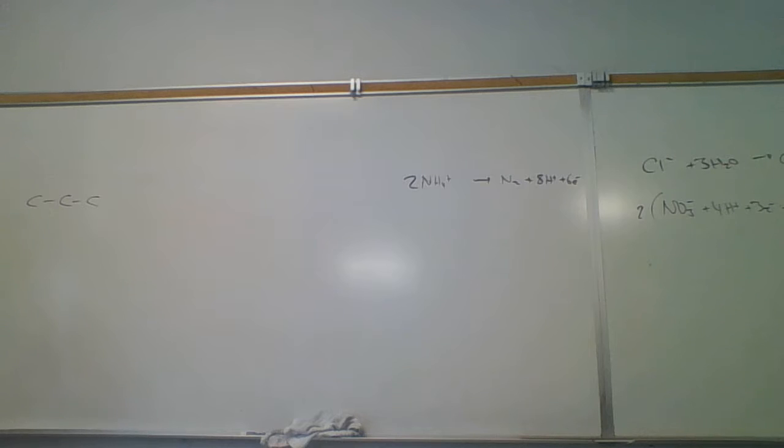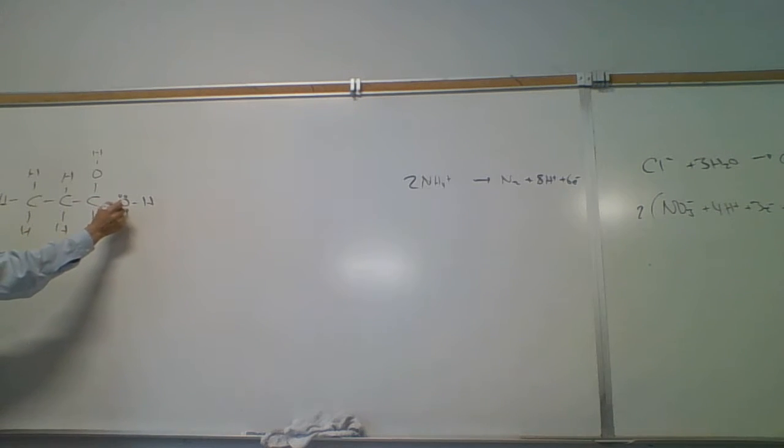We have an O2. Let's see, let's make the H's like this. Then maybe we'll stick an O here, and maybe another O, and hydrogen like this. And complete the octets.